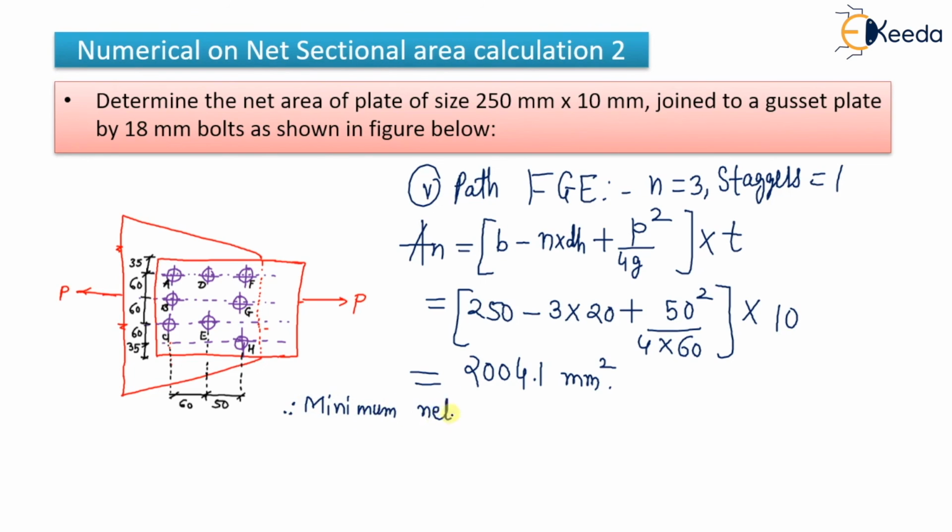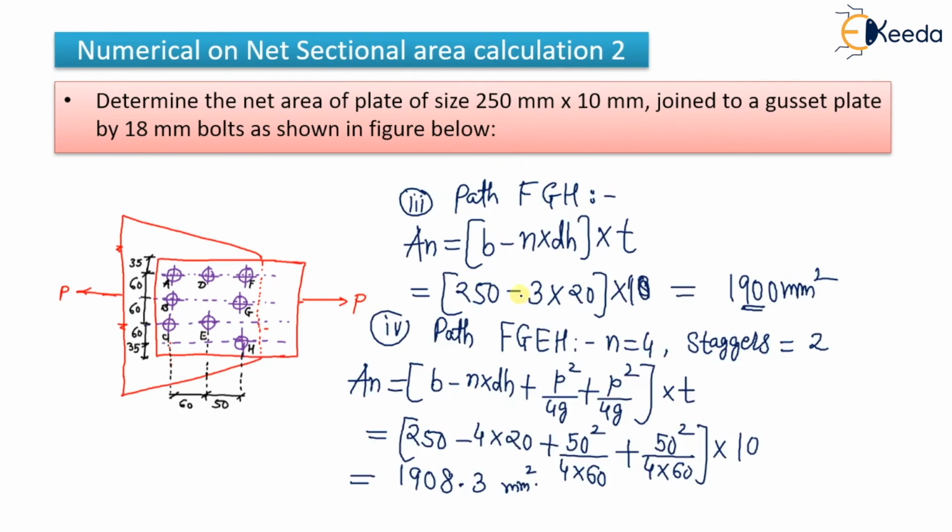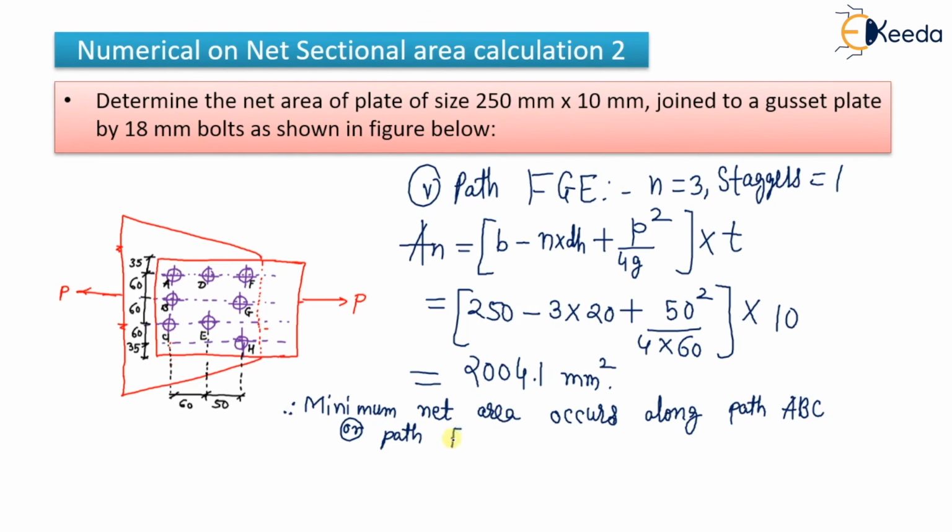So finally you can write here that therefore the minimum net area occurs along which path? Along path ABC, or you can also write FGH path. See, we have two areas with the same value, 1900 and 1900. So you can write either ABC path or FGH path, because the failure path will be either like this or like this.